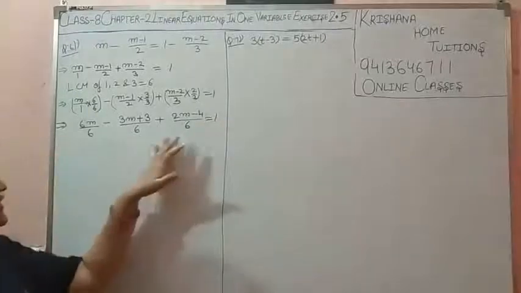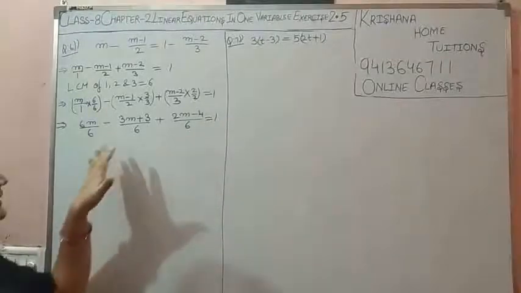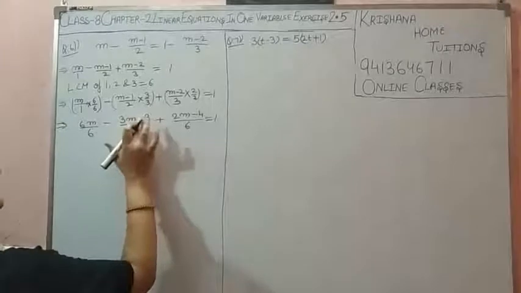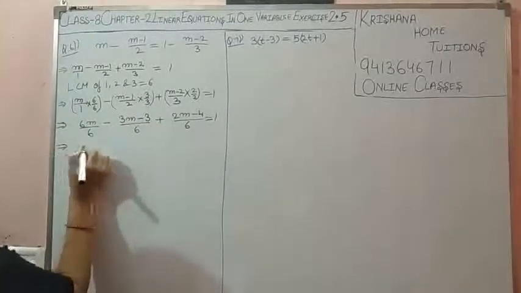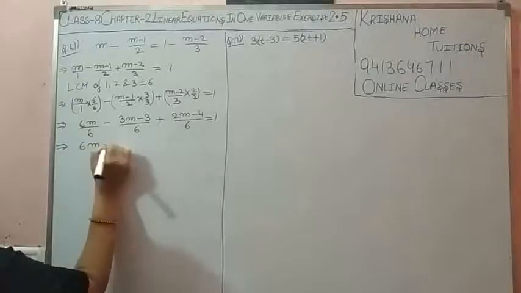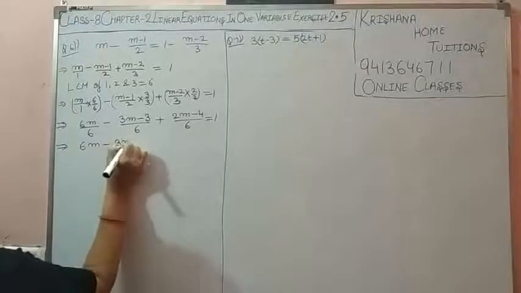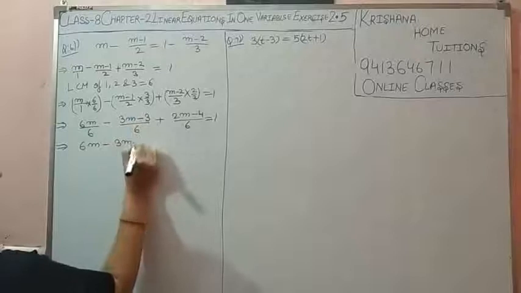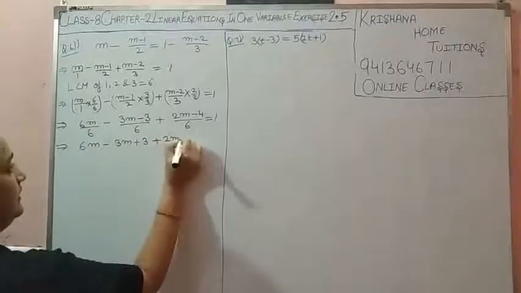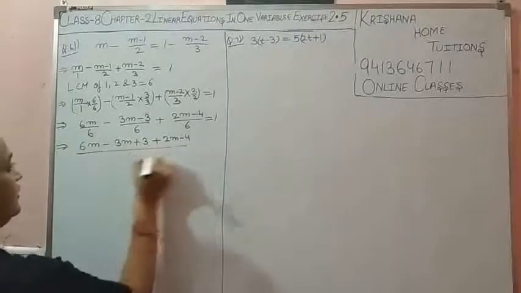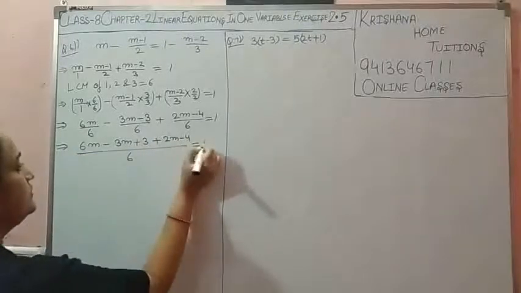Now the denominators are the same, so we can add the terms. We can add the numerators: 6m minus 3m, this minus inside becomes plus 2m minus 4, and the common denominator is 6, is equal to 1.